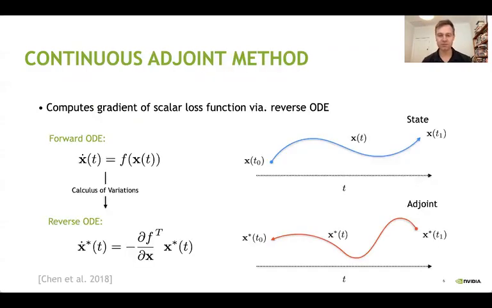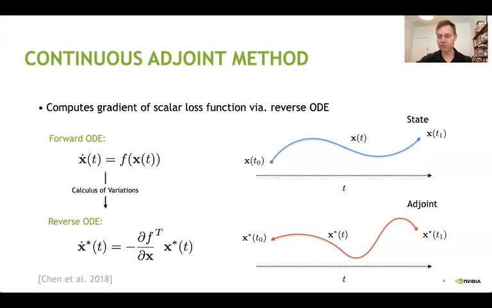There are a couple of ways to do this. The first is something called the continuous adjoint method. I said that our system dynamics are governed by an ODE, and this tells us how to evolve the system forward in time. It turns out with a small transformation, we can find a way to propagate our gradients backwards from that end state back to our initial conditions through a reverse ODE. This is illustrated on the right.